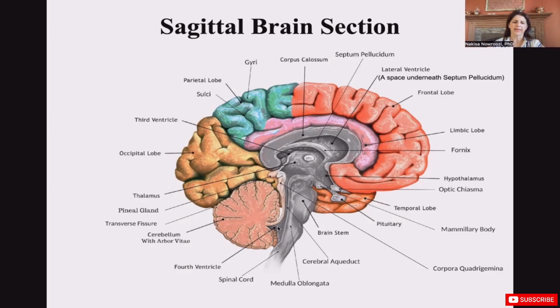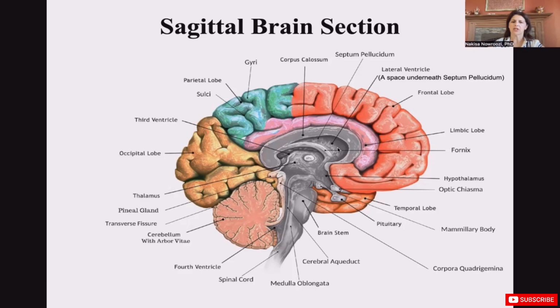Here we are looking at these spaces that cerebrospinal fluid passes through. This space is called fourth ventricle, and fourth ventricle is connected to third ventricle through this opening, this passageway, which is called cerebral aqueduct.